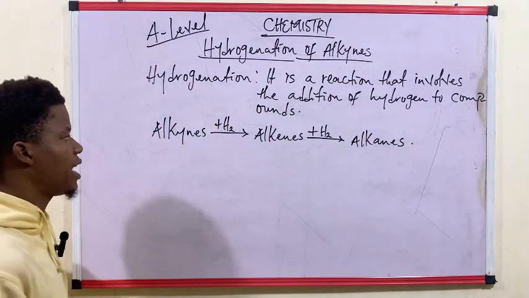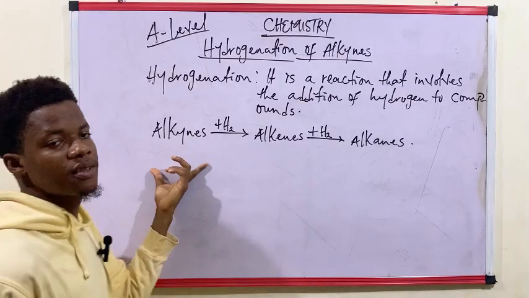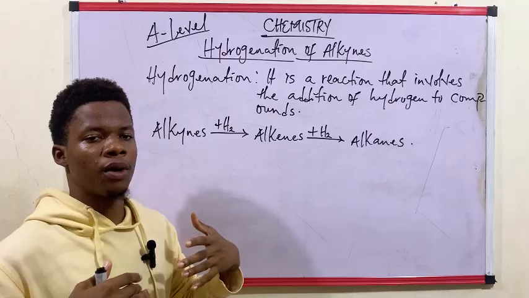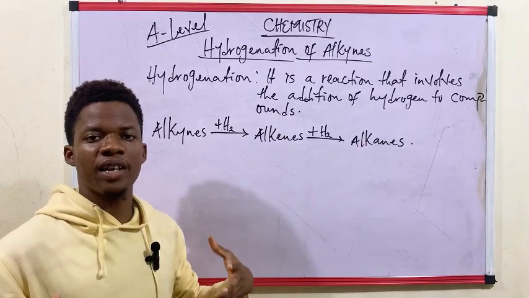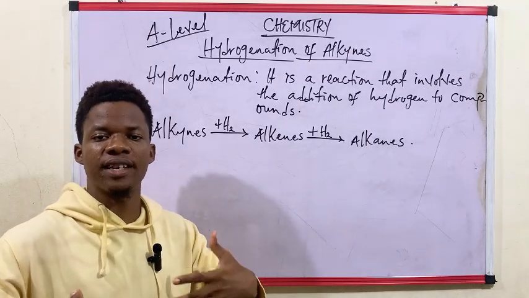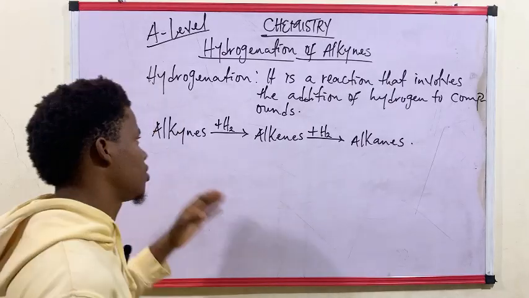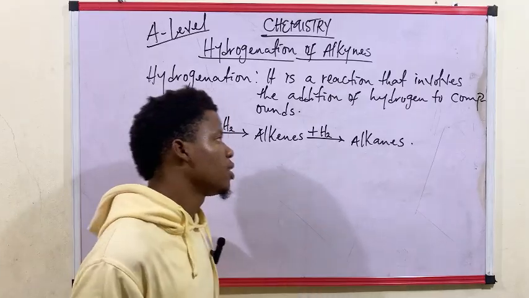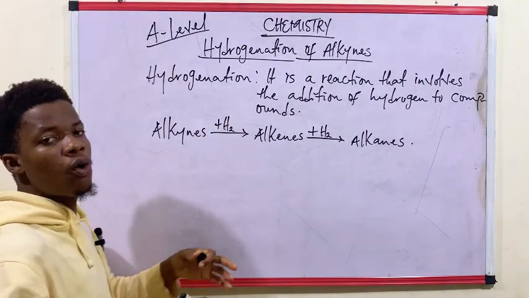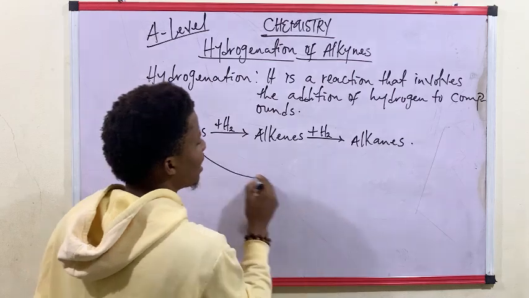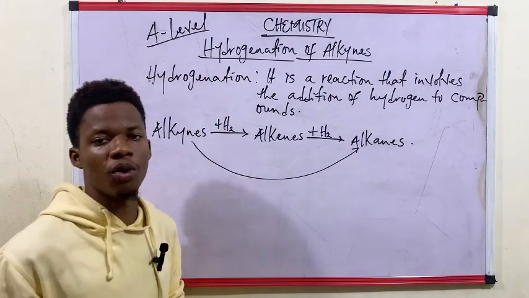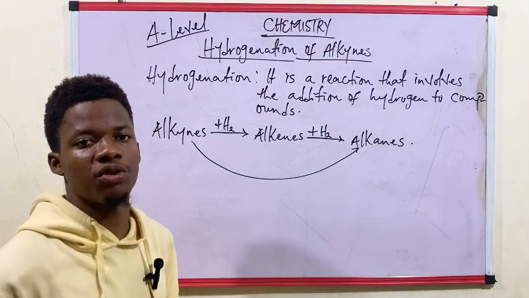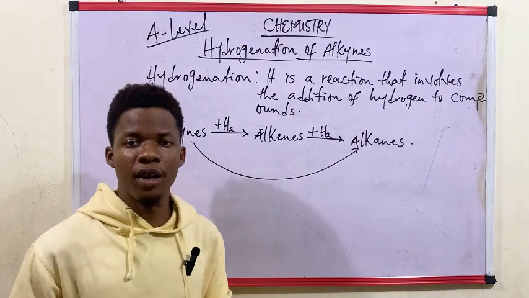Under uncontrolled hydrogenation, that is hydrogenation that involves using excess hydrogen, alkynes are converted to alkenes and later to alkanes. So under uncontrolled hydrogenation, alkynes are converted to the final product called what? Alkanes. Now, this is a common hydrogenation reaction we all know, even from A-level discussion.